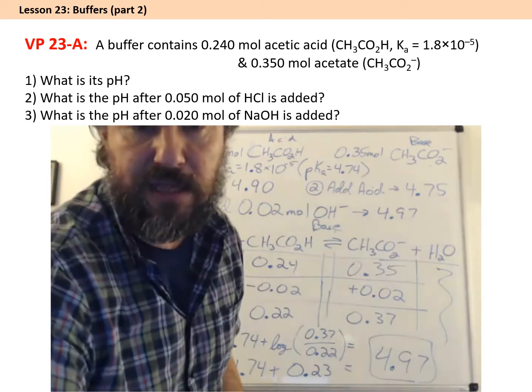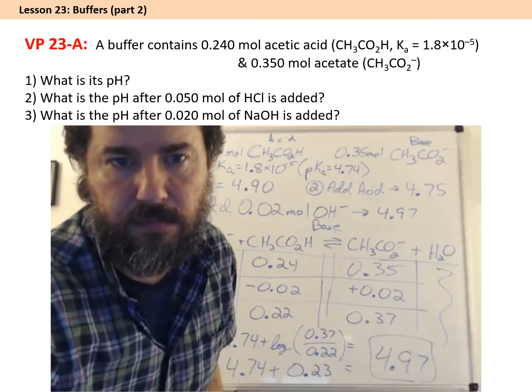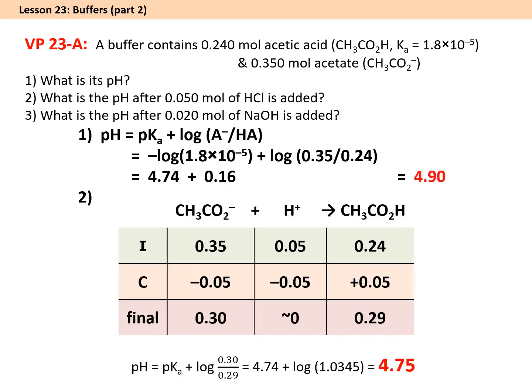Let's go ahead and look at these on the screen. Okay, so when I just have a buffer, I can use Henderson-Hasselbalch. But once I start adding in acid or base, in this case in number 2 I added in acid, I need to remember what's going to happen. My acid is going to react with my base.